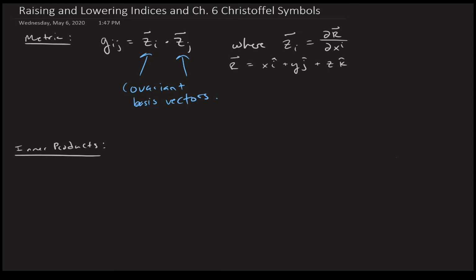We talked about maybe S^i_r T^r_k would produce a 1-1 tensor, and we could call that something like P^i_k equals S^i_r T^r_k. So that would basically produce a matrix.